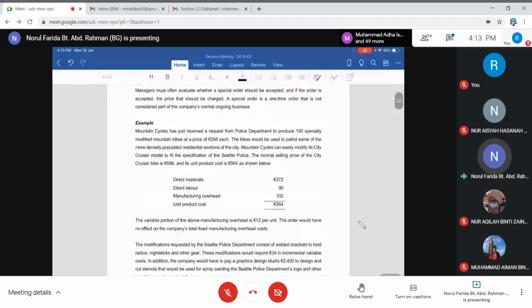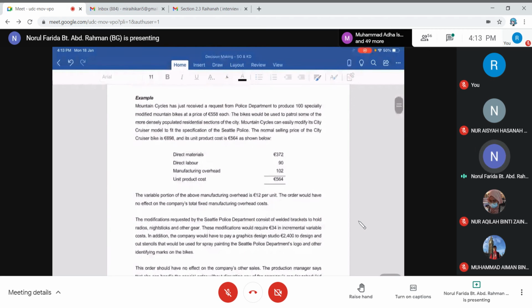So to do special order, dia punya basic dia adalah for us to calculate dia, kita nak buat income statement. A basic income statement, that is you punya revenue or you punya sales minus you punya cost, your variable cost and your fixed cost.